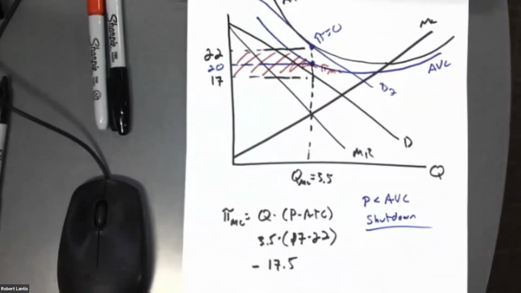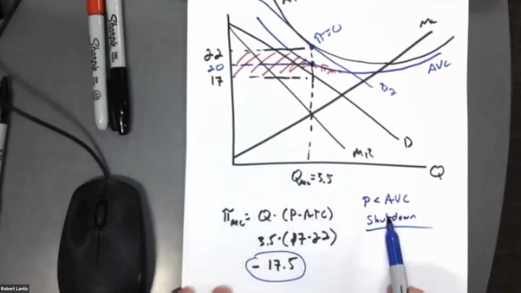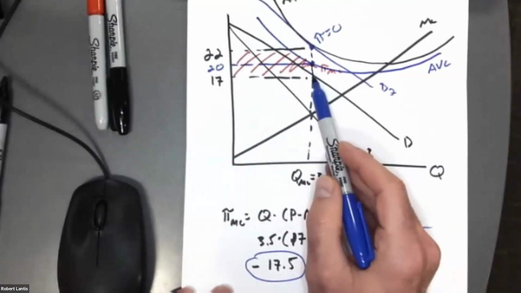Shut down. So this would be a weird one. If I asked you to calculate profits then, if I gave you the average variable cost on that graph, well, if you stay open, the profit maximizing quantity results in a loss of 17.5, or negative 17.5 profits. How would I find my profits if I am supposed to be shutting down?